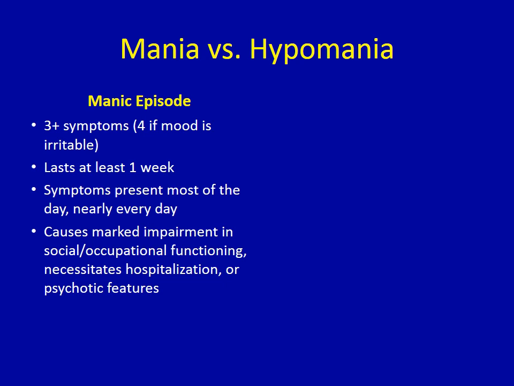Maybe they have quit their job and moved across the country. Maybe they are running up credit card bills and spending money that they don't have. Maybe they are quitting projects at work to start on new projects and causing problems with their boss. So not only is the change in their behavior noticeable to others, but it's noticeable to the point that it causes impairment.